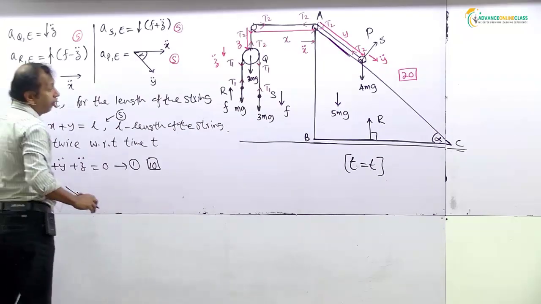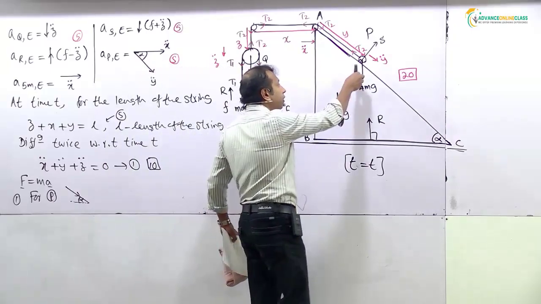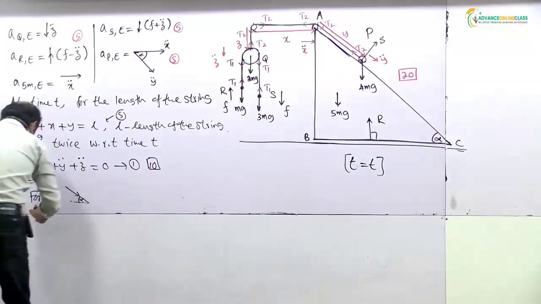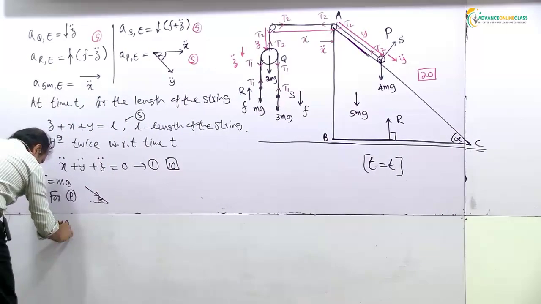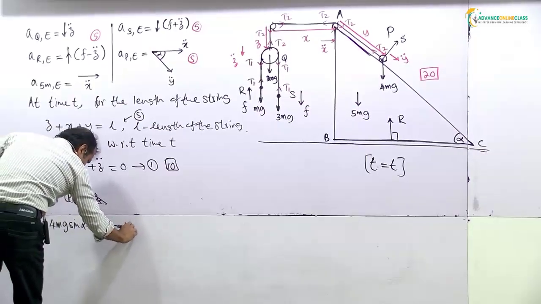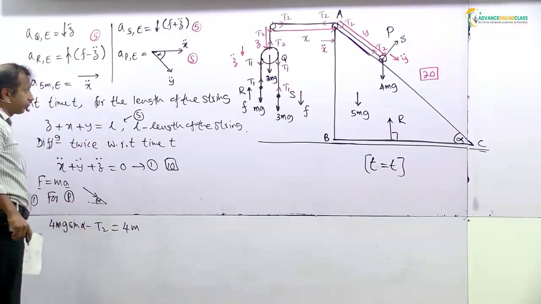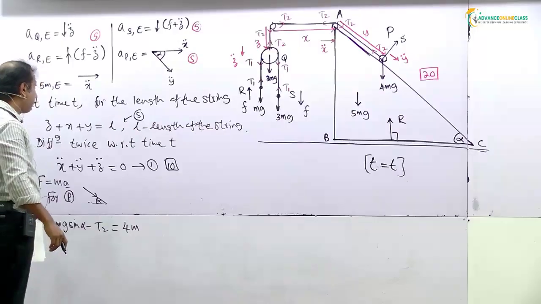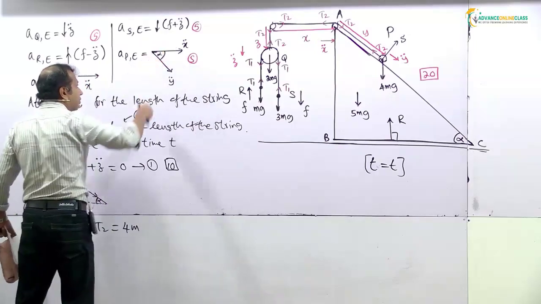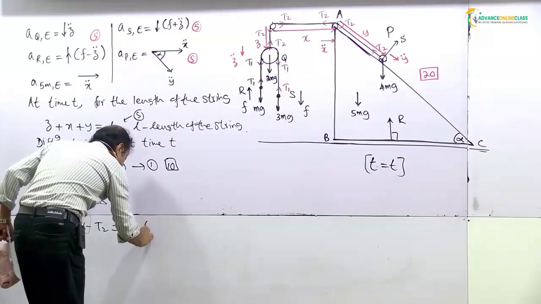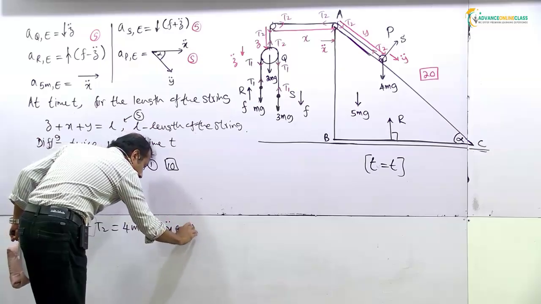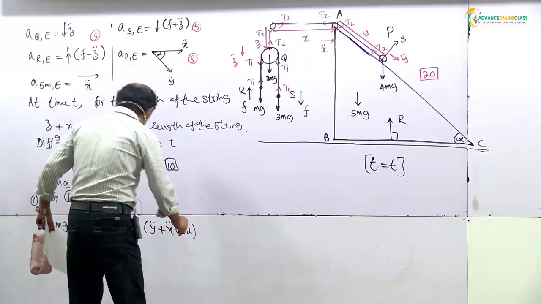What is the force here? 4mg sine alpha minus T2 equals 4m times the acceleration along this direction, y double dot plus x double dot cos alpha. This is number 2.